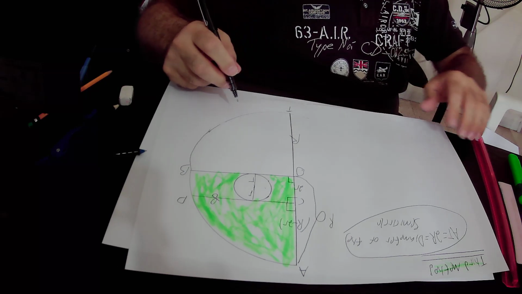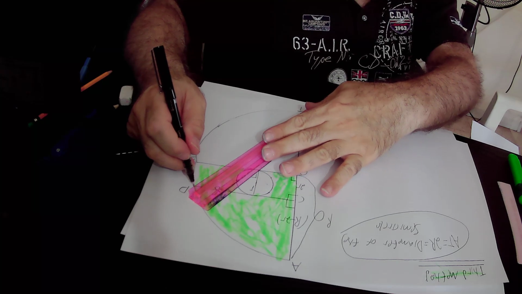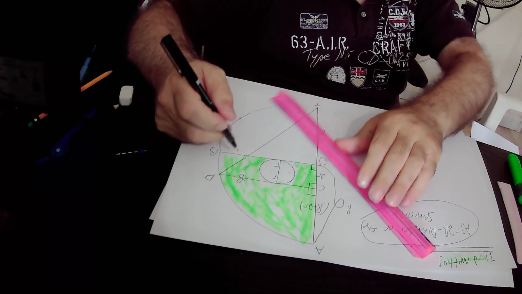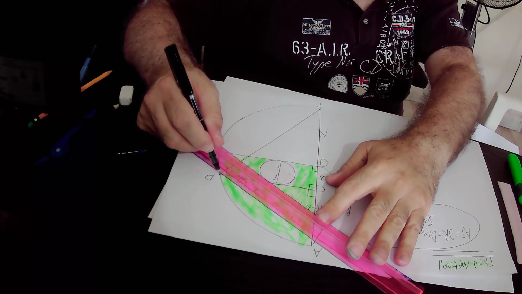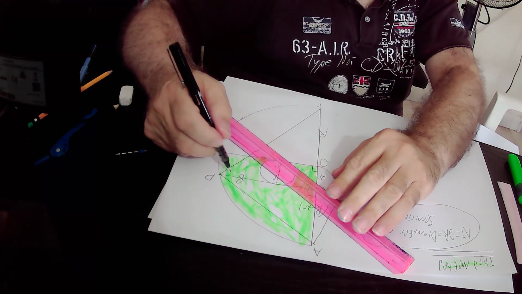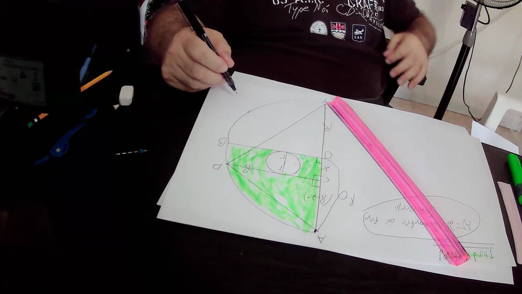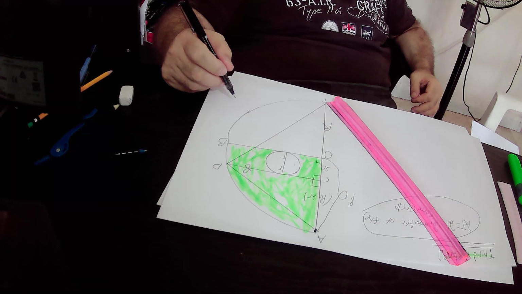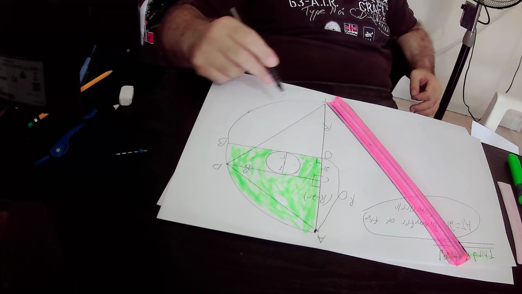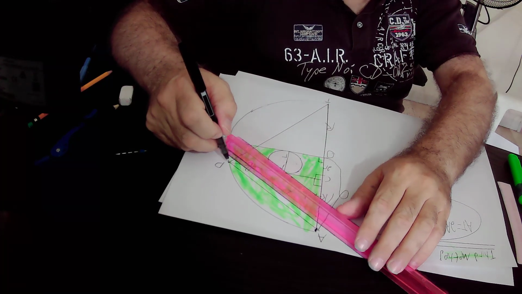In the next step, we join points T and D together by a straight line. We join points A and D together by a straight line. So created here is peripheral angle ADT that rests on AT, that is the diameter of the circle.